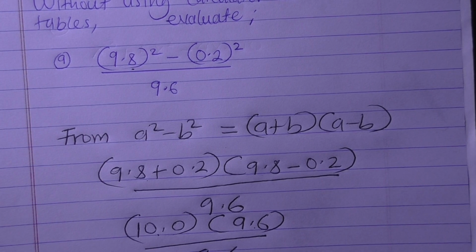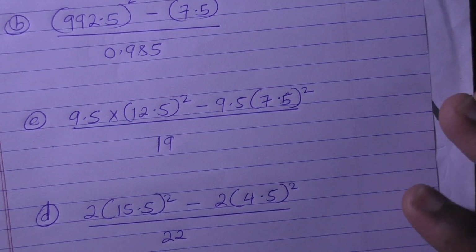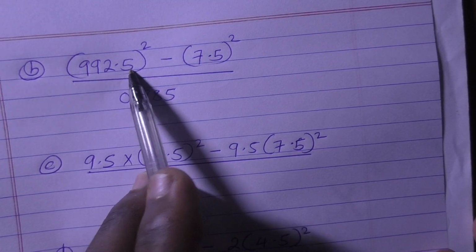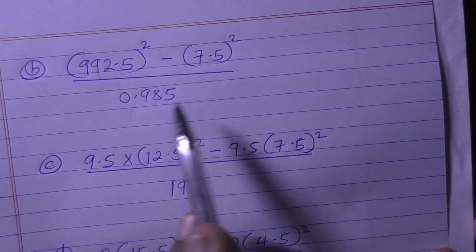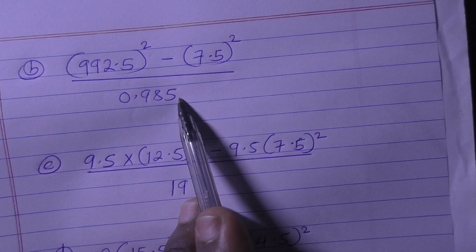Let us go to our second example on applications. Yes, in part B, we have 9092.5 squared minus 7.5 squared over 0.985.